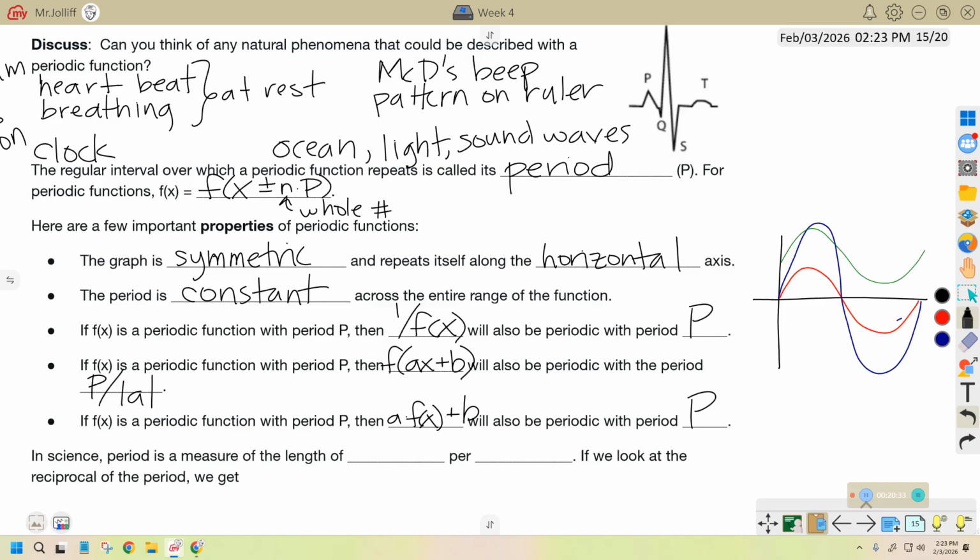The period of the new function is the same as the period of the old function. So generally, when I'm playing with periodic functions, I only have to worry about horizontal transformations. Everything else, I'm going to get another periodic function with the exact same period, same behavior. Good.